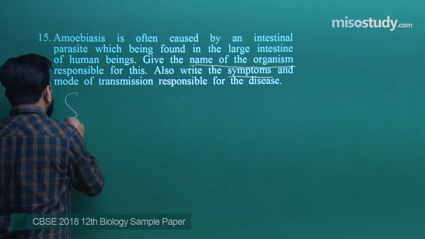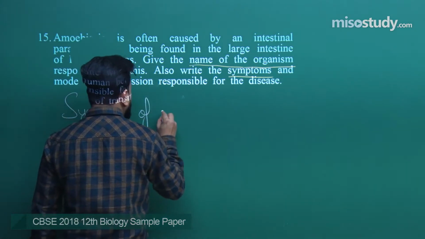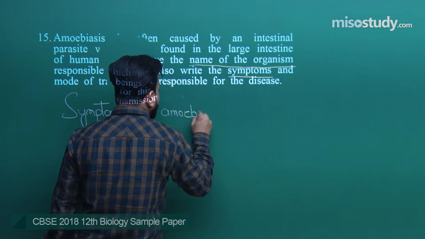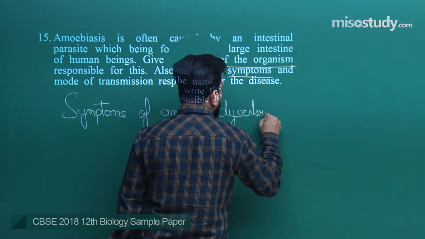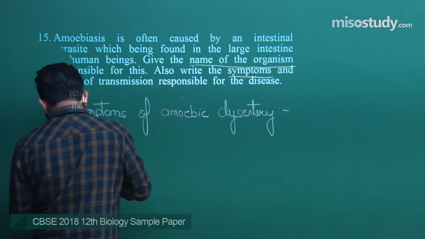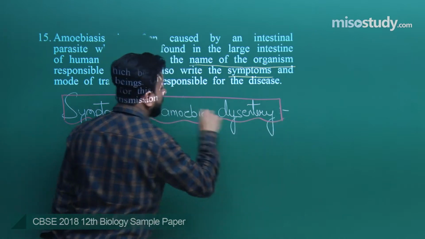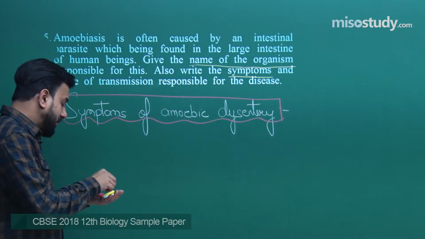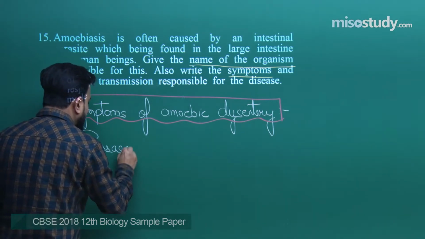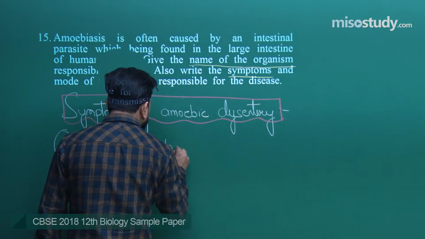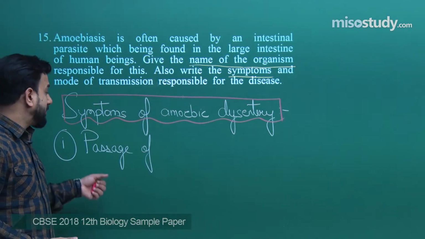So I'll write here: symptoms of amoebic dysentery. The symptoms of amoebic dysentery are, first of all, passage of stools, or probably we should say everyone passes stool, so that will become absurd.